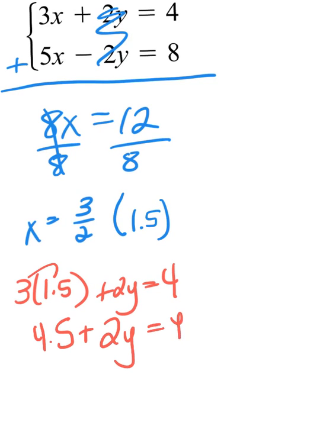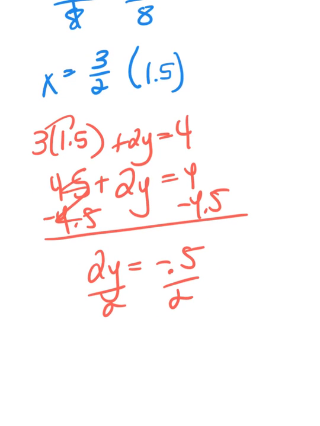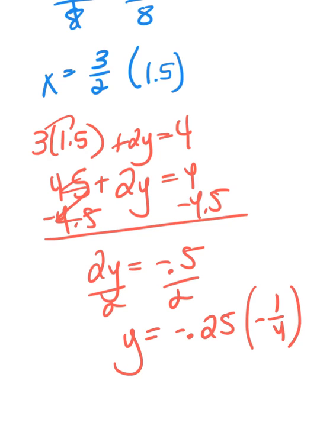Plus 2y equals 4. Subtract 4.5 from both sides. Are you with me? 2y equals -0.5, and then divide by 2. So y equals -0.25. If I was going to keep it in fraction form, it would be -1/4.